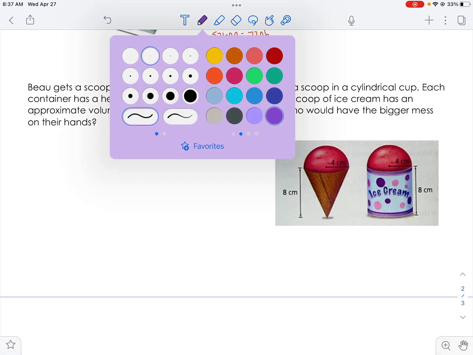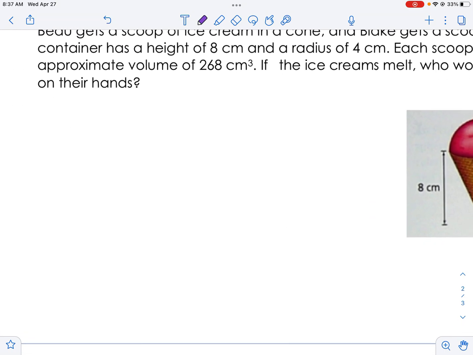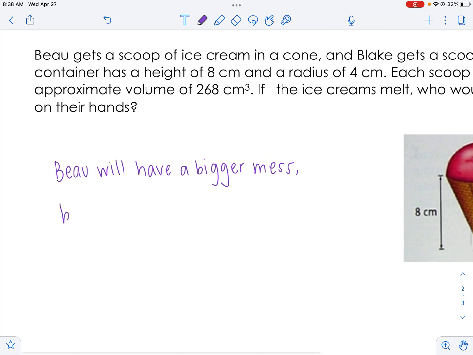Well, hopefully if you're thinking about this logically, the cone is smaller than the cylinder, meaning that Bo will have a bigger mess because Bo had the cone. So Bo will have a bigger mess, and if I asked you why, it will be because of the shape, right? It will be because he has the cone.